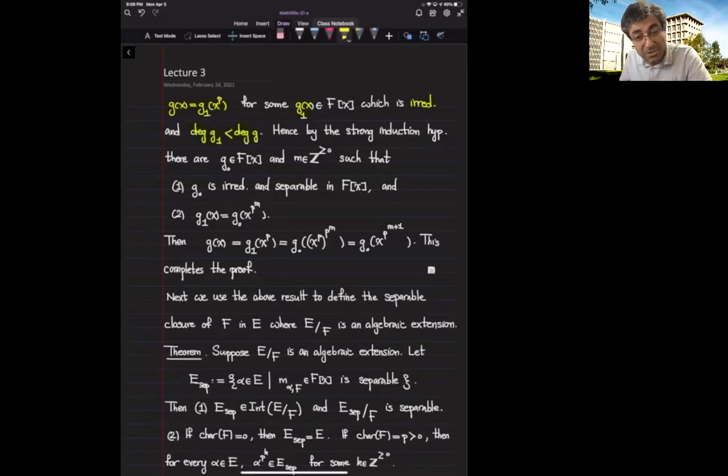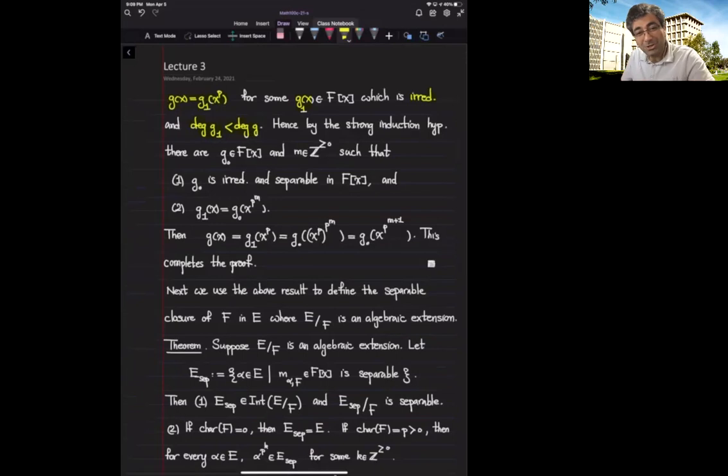And so I can use the strong induction hypothesis. By the strong induction hypothesis, this g1 is g naught of x to the p to the m for some non-negative integer m and some irreducible and separable polynomial g naught in F bracket x.